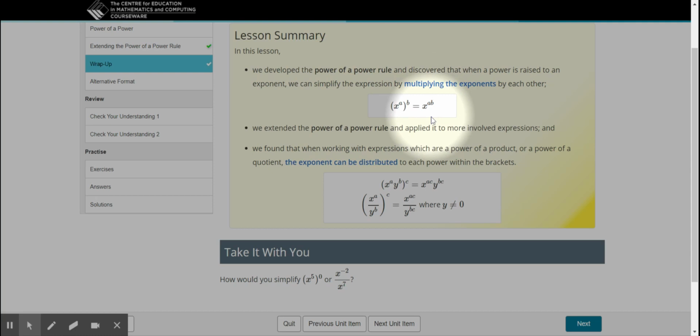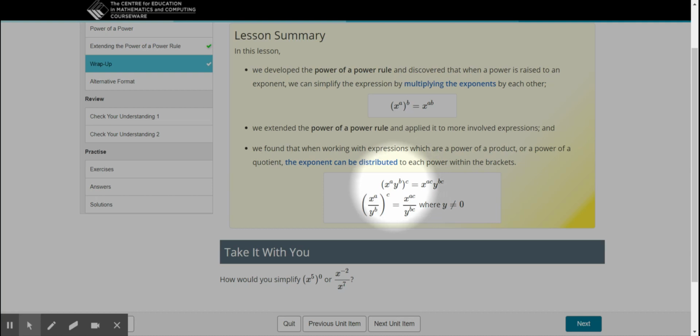And then we realize that we can have expressions that involve two or more variables with exponents that also are raised to a different exponent. And we just literally distribute this outside exponent, in this case c, to every variable inside.